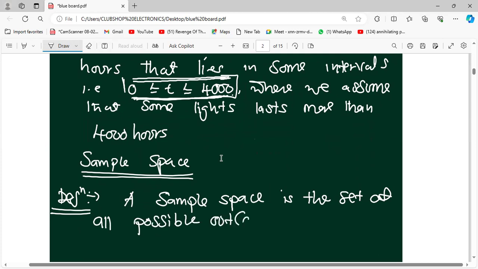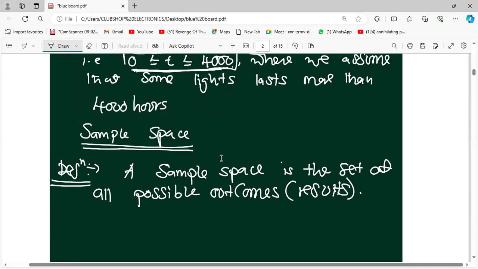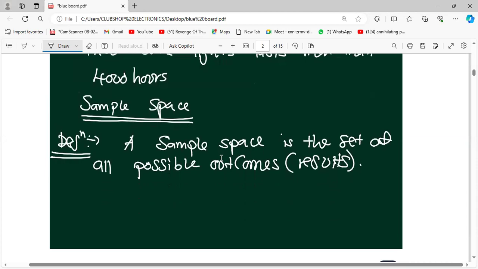That is a sample space or result. A set containing all the outcomes, the sample space is the universal set. Okay? And we must emphasize that it's of a random experiment.